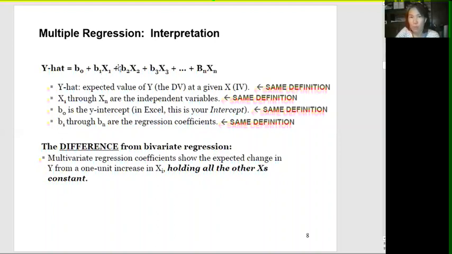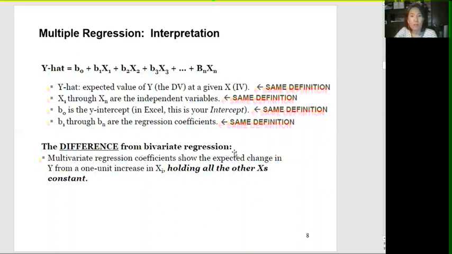So B1, B2, B3 in front of X, we call them slope coefficients or regression coefficients, okay? B0 is the y-intercept.